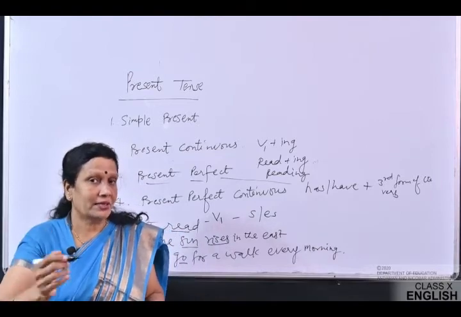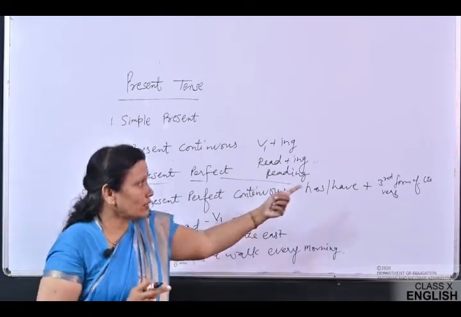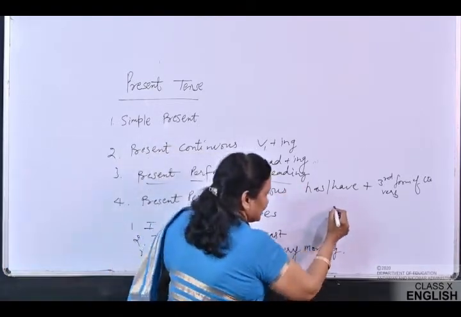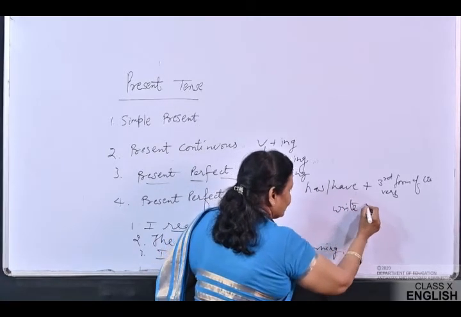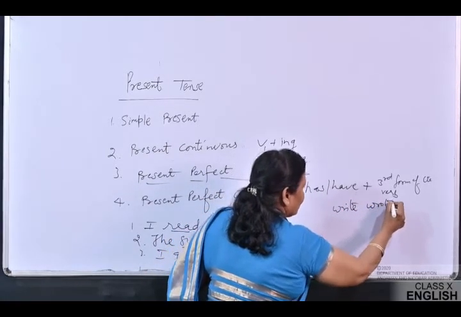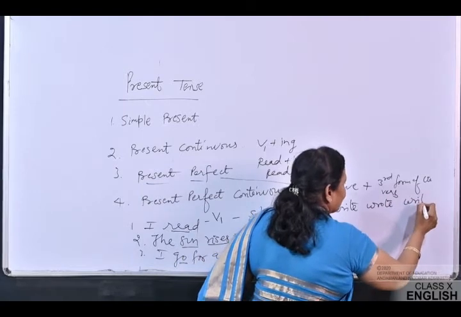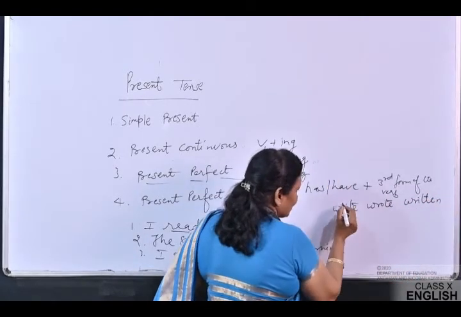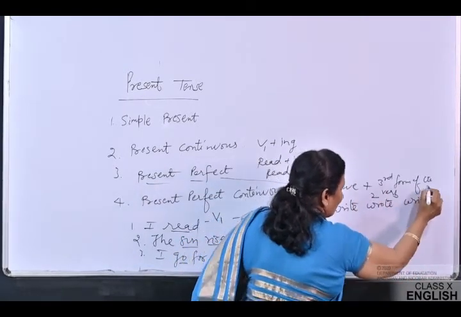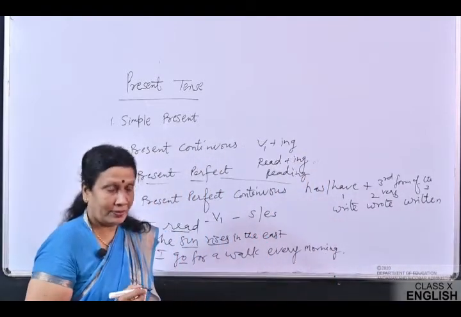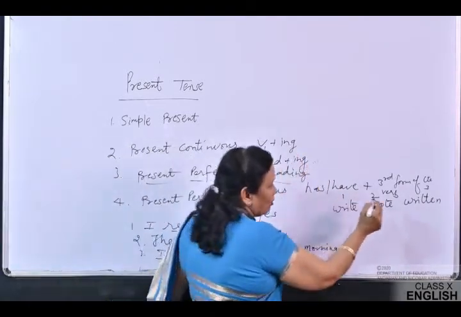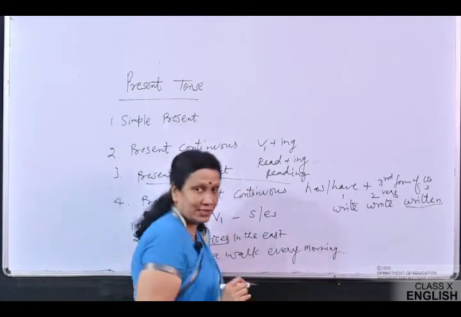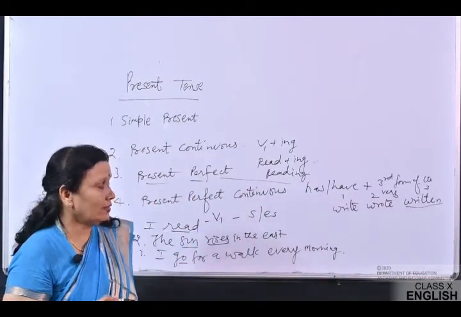I have written a letter, and I told you the third form. See, saw, seen; write, wrote, and written. So this is the first form, the second form, and the third form. So in the perfect tense you always use the third form. I have written a letter.